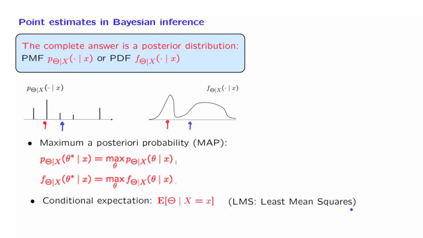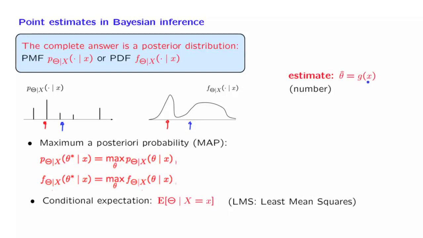Now let me make two comments about terminology. What we have produced here is an estimate. I gave you the conditional PDF or conditional PMF and you tell me a number. This number, the estimate, is obtained by starting with the data, doing some processing to the data, and eventually coming up with a numerical value. Now g is the way that we process the data. It's a certain rule.